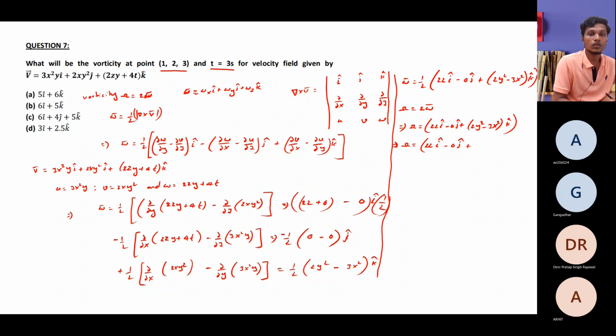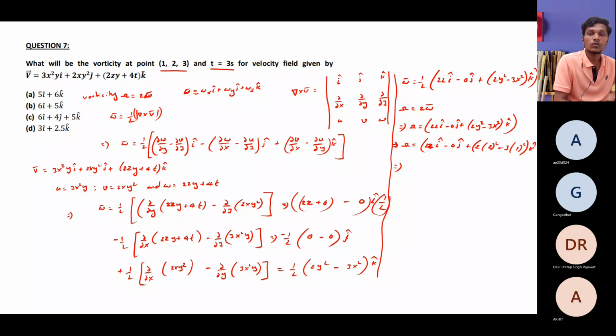I think this is sorry, here it is 2z, not 22. This is 2z and 0 j cap, and 2 into y square, where the y value we have is 2 square, minus 3 into x value we have 1 square k cap.